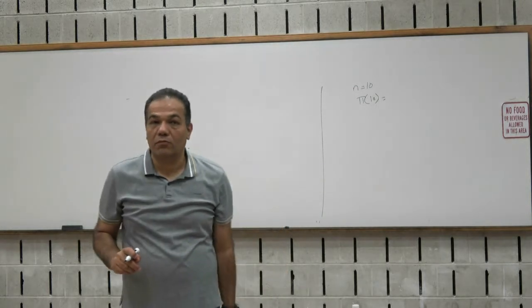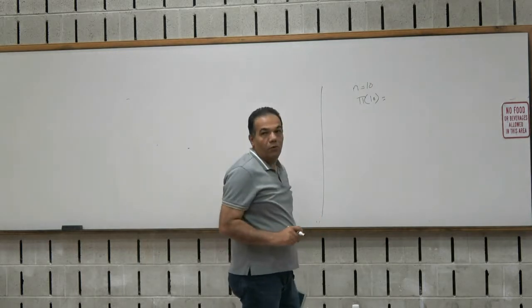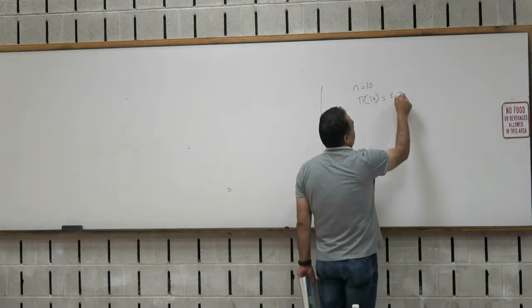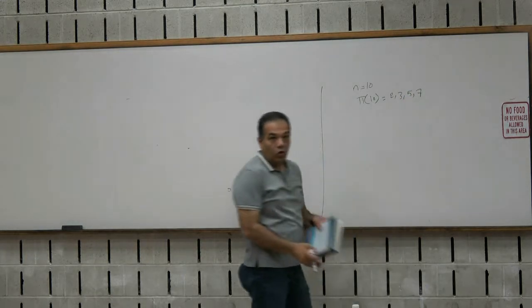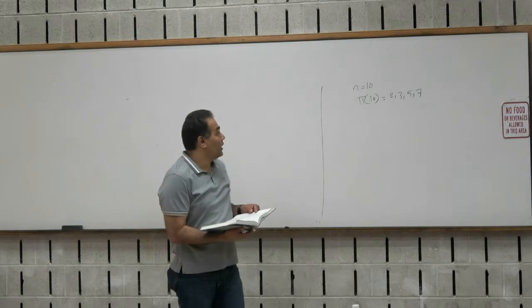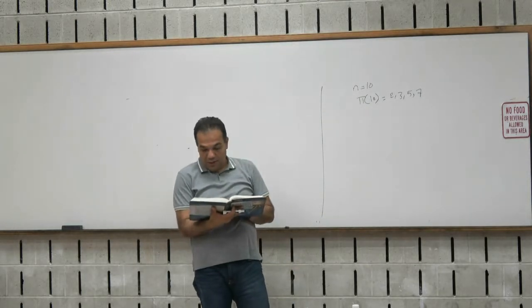What are they? 2, 3, 5, 7. How many? 4, right? But if n is huge, how can I know it?